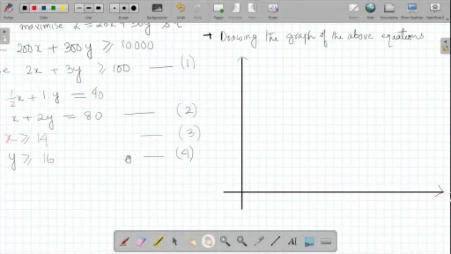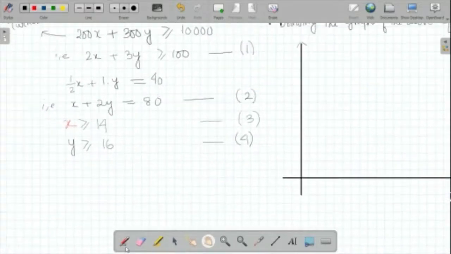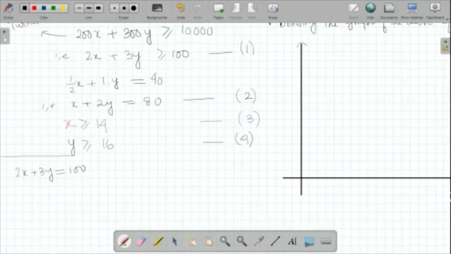100. Okay, so as usual first equation, 2x plus 3y equals 100. This constant term should be 1, so we divide by 100 and it becomes x by 50 plus y divided by 100 by 3.